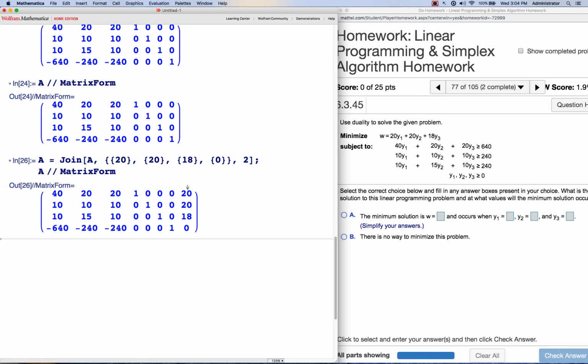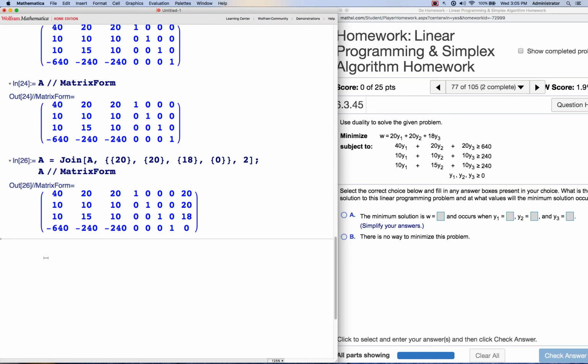So we have 20 divided by 40, which is 0.5, 20 divided by 10 is 2, and then 18 divided by 10 is 1.8. Where is the minimum quotient or the minimum ratio? It's right over here. Okay, so that means I have to pivot right over here on that 40.